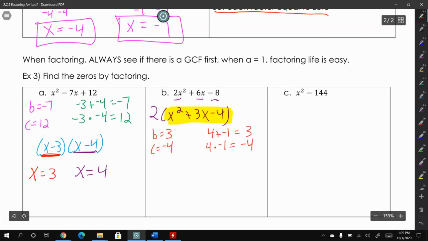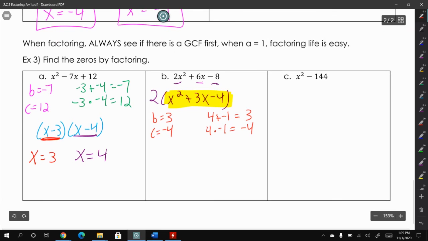So our two magic numbers are positive 4 and negative 1. So then we will have x plus 4. There's x minus 1. And then the opposite of that would be negative 4. And then for this one right here, x would equal positive 1.